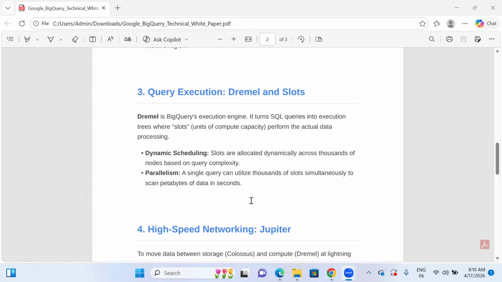At the same time, with parallelism, a single query can utilize thousands of slots simultaneously, so that scanning petabytes of data in seconds can be done under query execution.